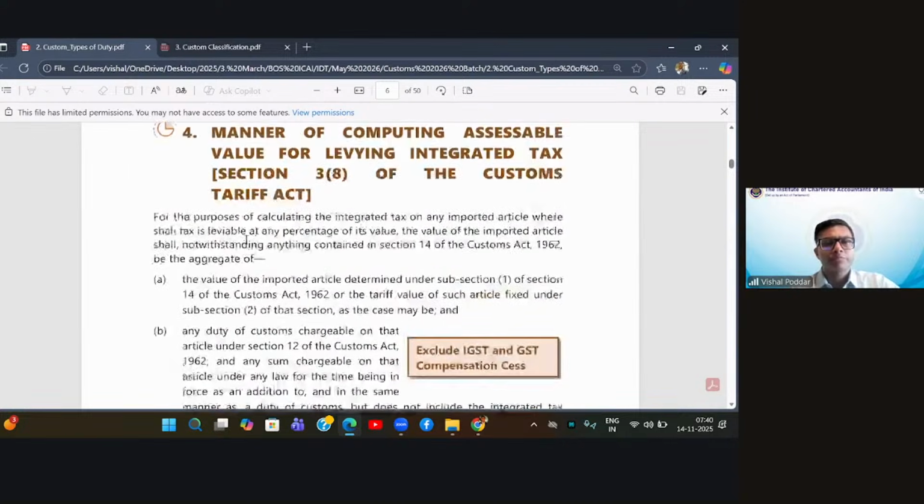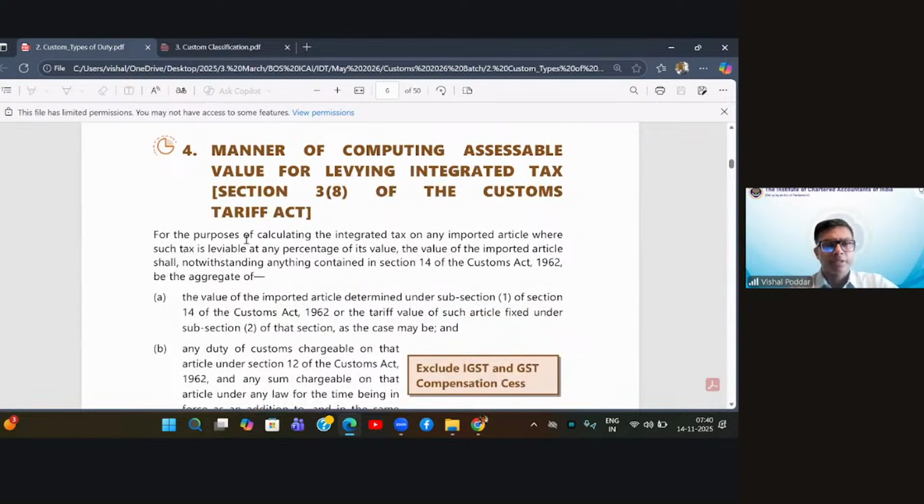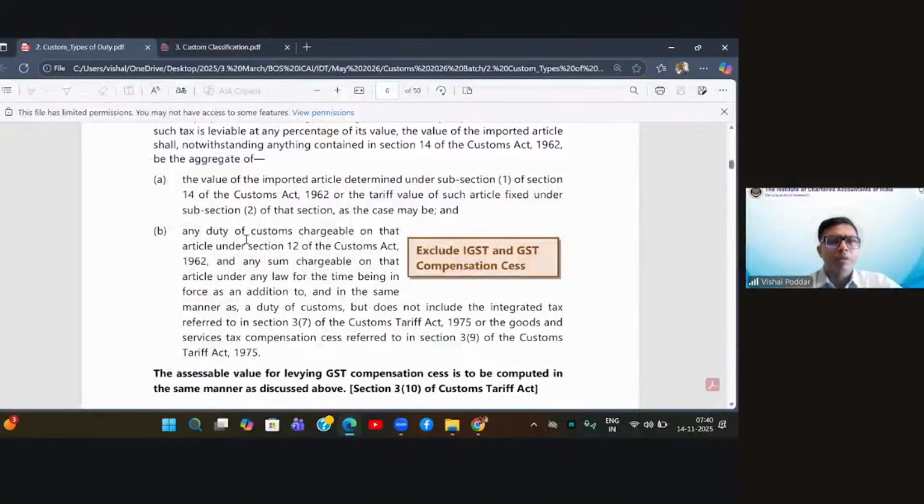Now, what does 3 bracket 8 say? It says that you have to make a total of a few amounts. On this total, you will calculate the IGST and also the GST compensation cess. What are these amounts? First, you have to take the value of the imported goods as per the customs valuation provisions.